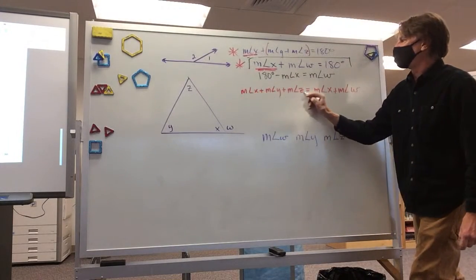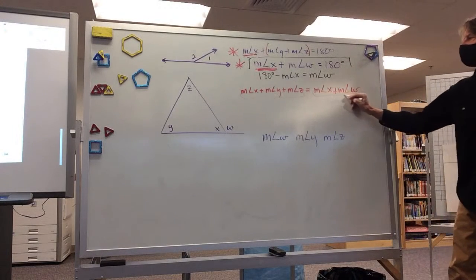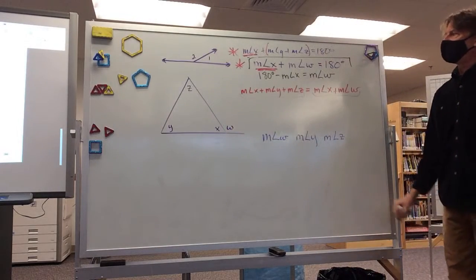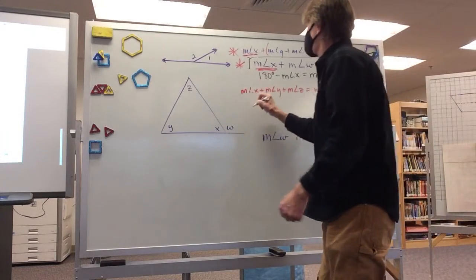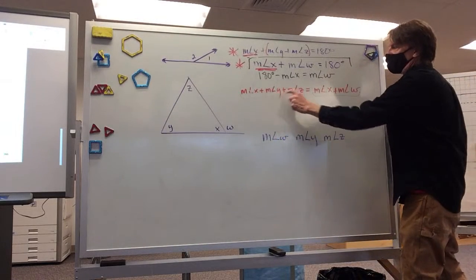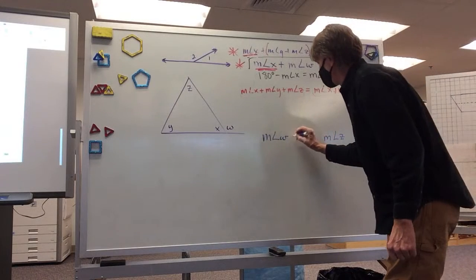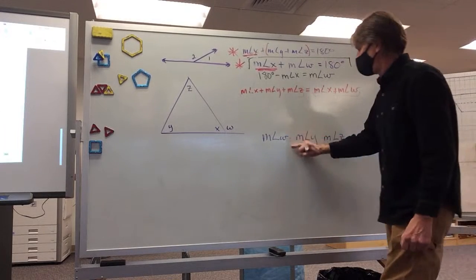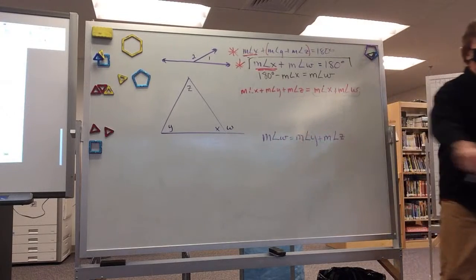Here's the inside of the triangle. Here's the linear pair. If you just get rid of x from both sides, then you have what Kate just said, that y plus z equals w. So y plus z equals w.